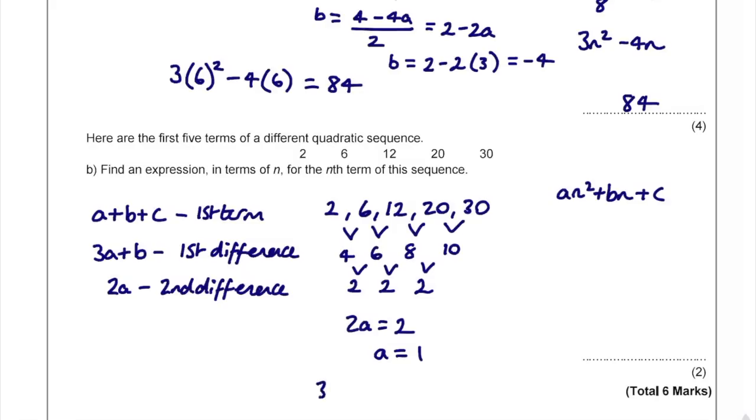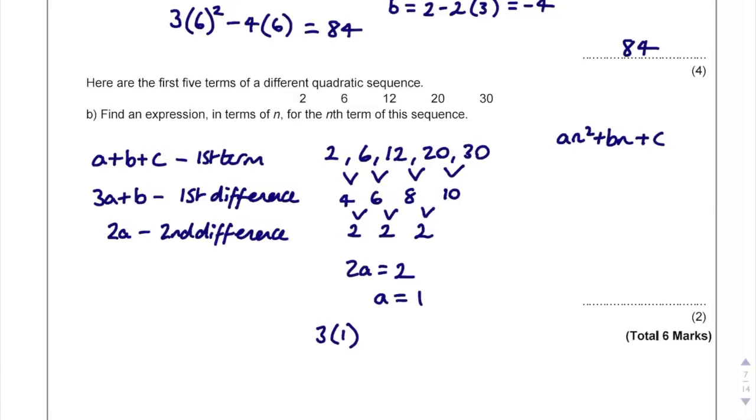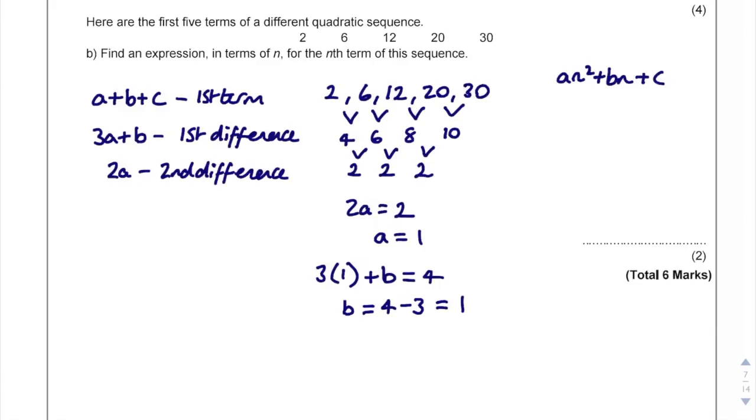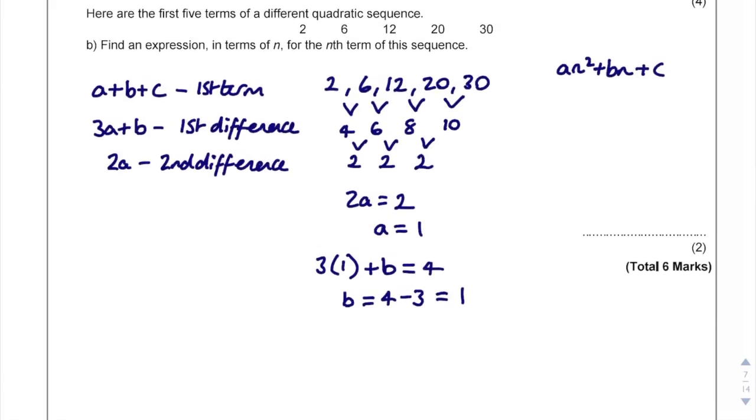So we're going to have 3 multiplied by 1 plus b, and that equals 4. So we get b equals 4 minus 3, and that is 1. Now, if we use a plus b plus c is equal to the first term, that's going to be 1 plus 1 plus c equals 2. Well, that's just going to make c equal to 0.